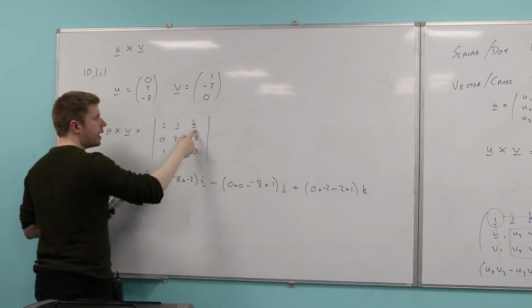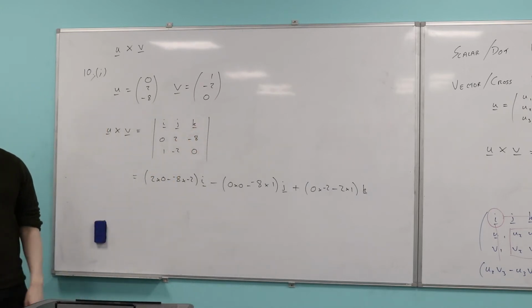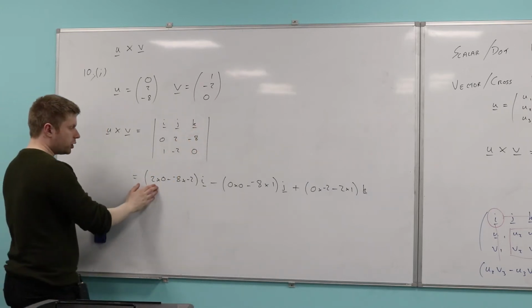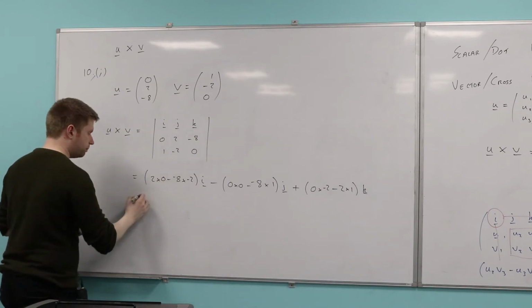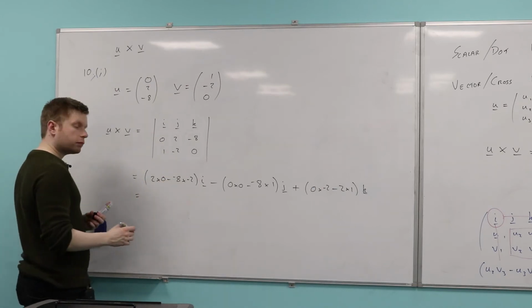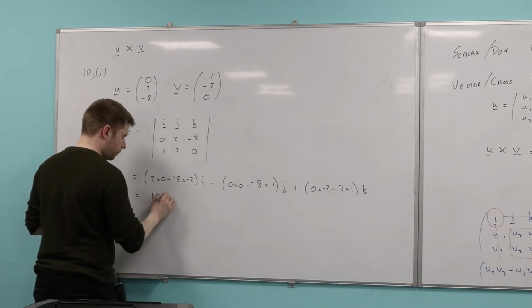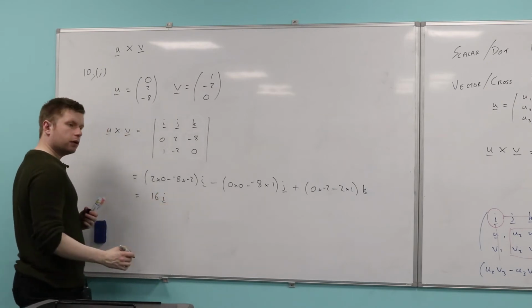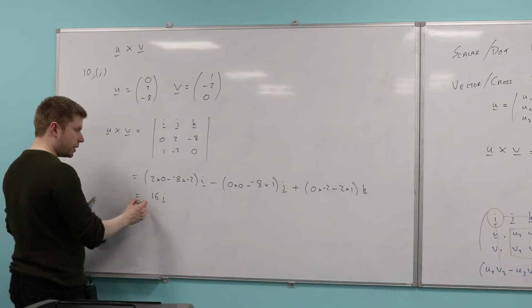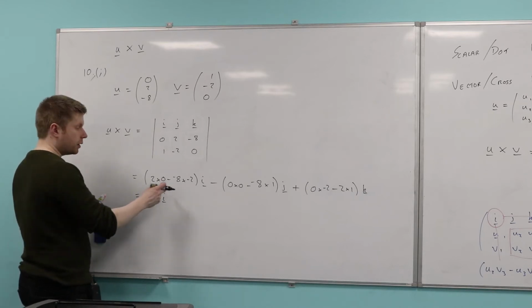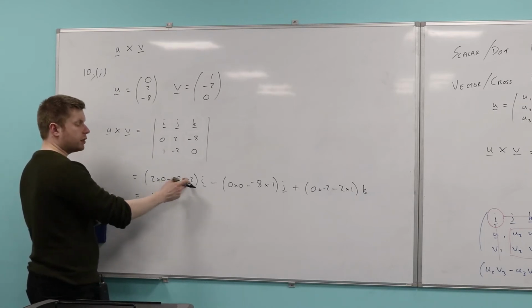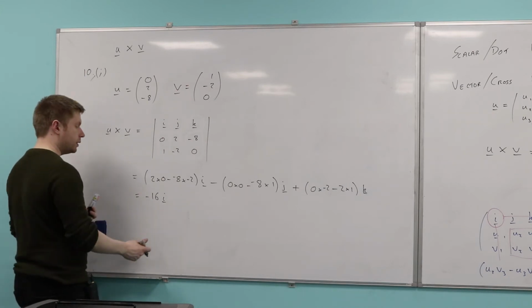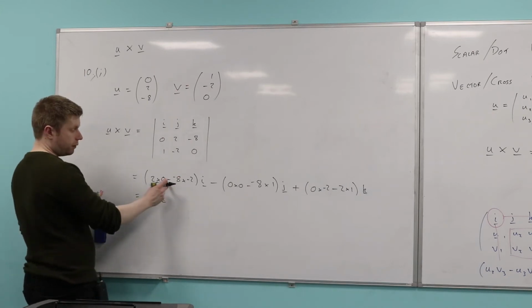So all I need to find now is this thing simplified. So what do I get? 2 times 0 minus -8 times -2. Yeah, that's going to be 16i. Is it going to be negative or positive? Because negative of -8 times -2 is going to be -16. Sorry, that's positive.